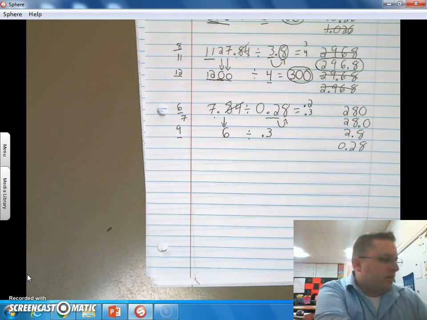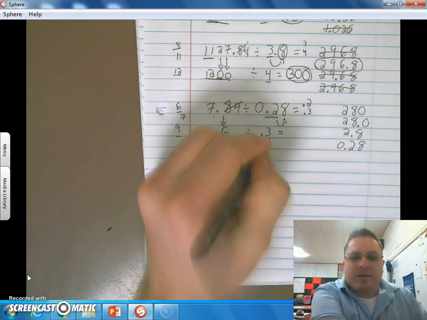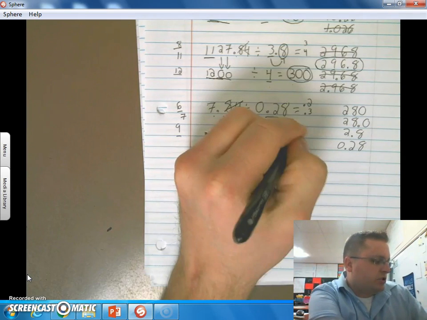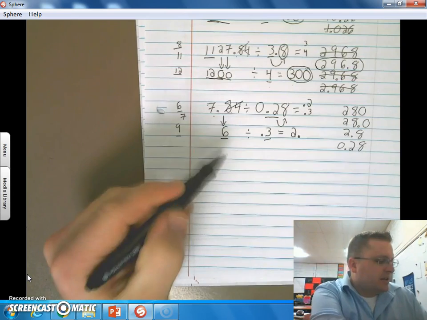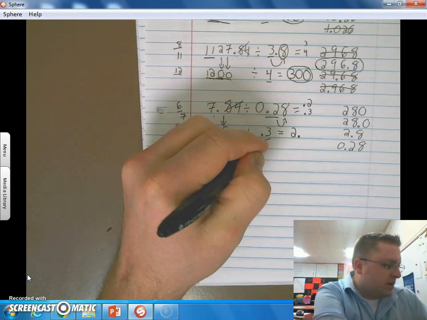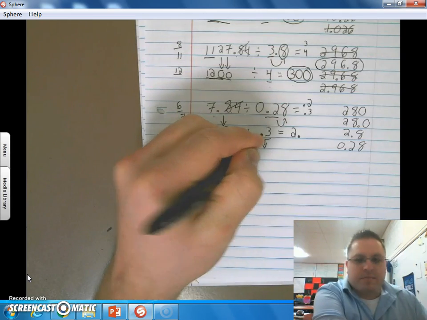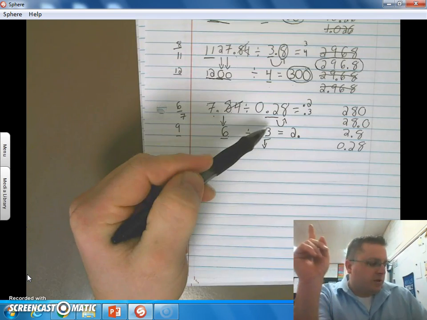I'm going to go ahead and divide, ignoring any decimals. 6 divided by 3 was 2. And here's my decimal. Now this time, 6 doesn't have any decimals, but the 3 did. This was 0.3, 3/10. So there was one decimal place value, the 10th place.